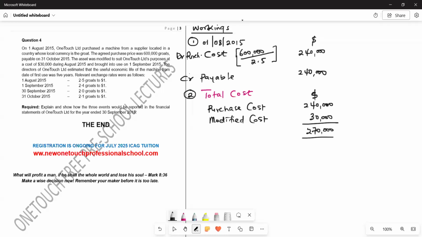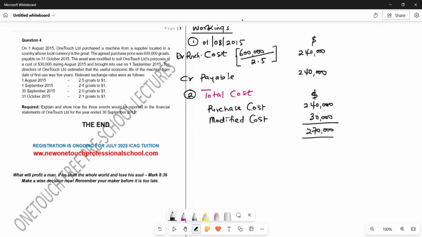The asset was modified to suit Onetouch's purpose at a cost of 30,000 during August 2015 and brought to use on 1st September 2015. So technically, the asset was ready for use on 1st September 2015. Do you agree? Yes, sir.